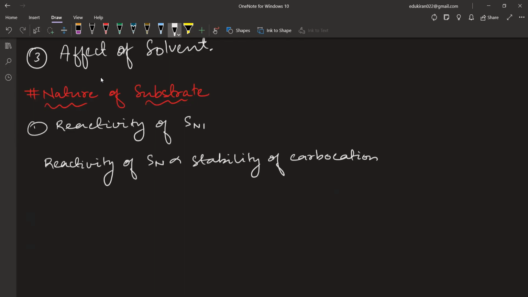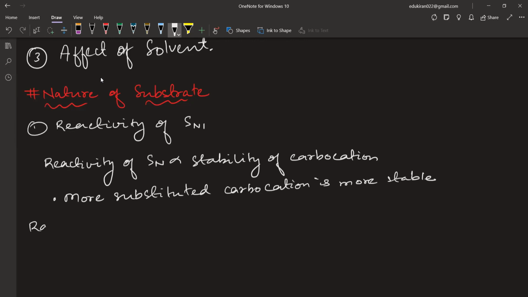And what is the order of stability of carbocation? More substituted carbocation is more stable.